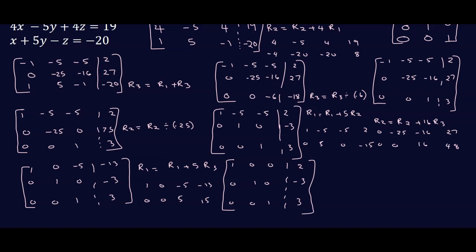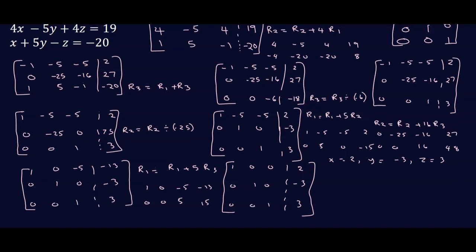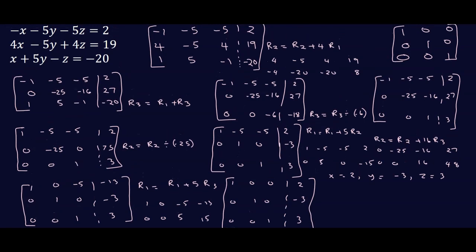So what we now have is x equal to 2, y equal to negative 3, and z equal to 3. Let's see how that works with our original equation. We have negative x, so negative 2, minus 5y, minus 5z.